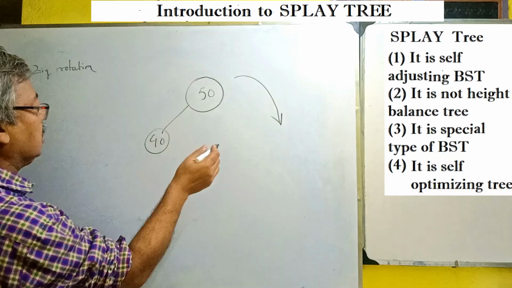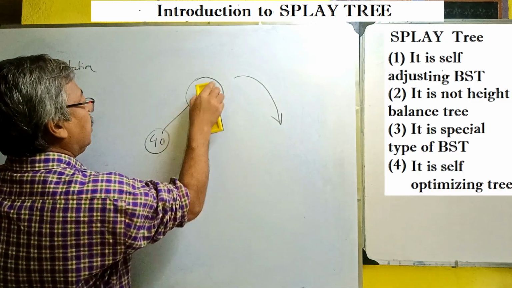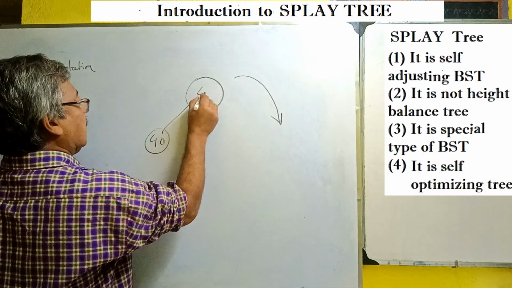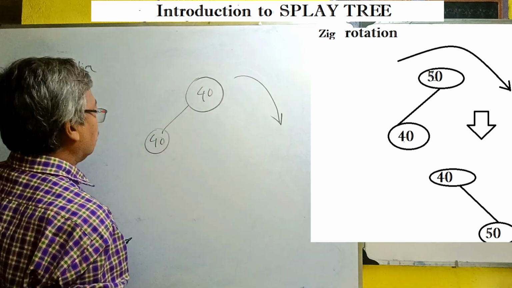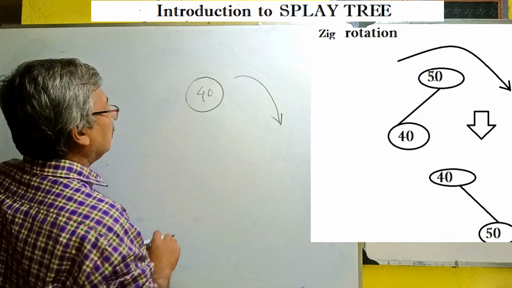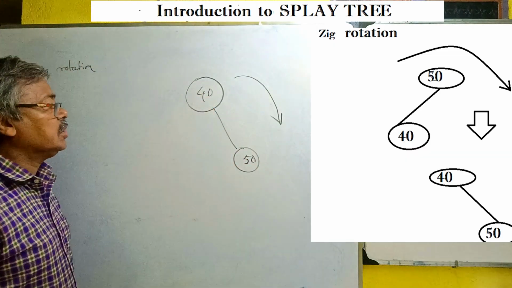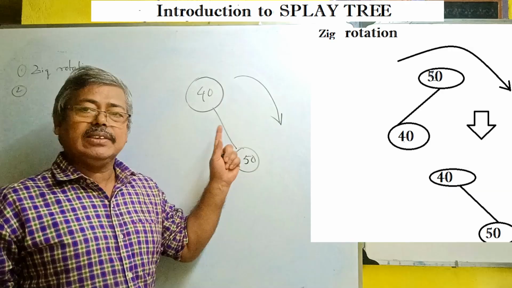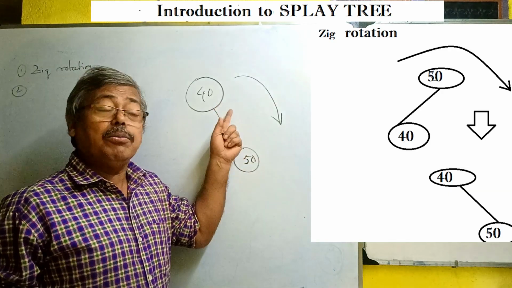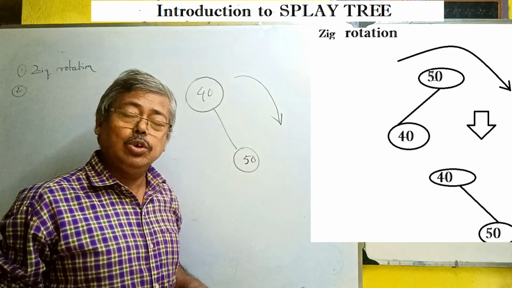After completion of the rotation, 40 will come at the place of 50, and 50 will go to the right child of 40. So after rotation, 40 has taken the root position.